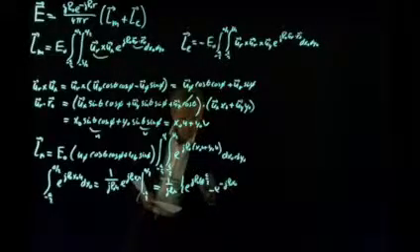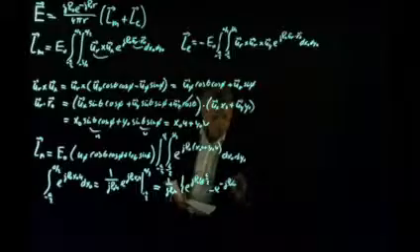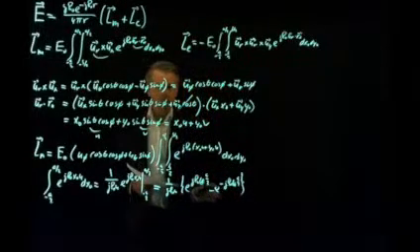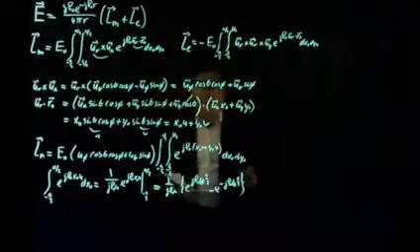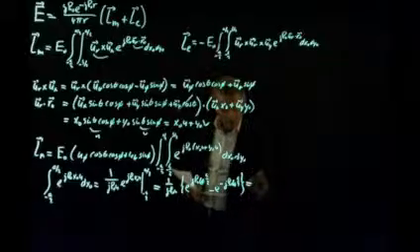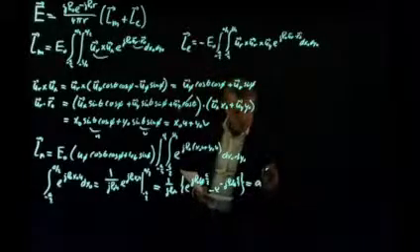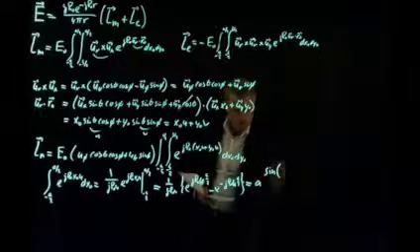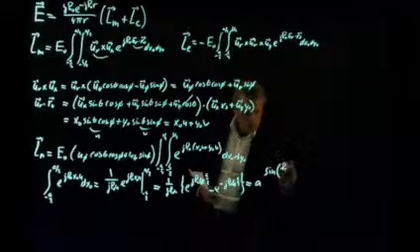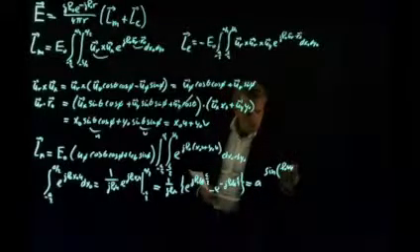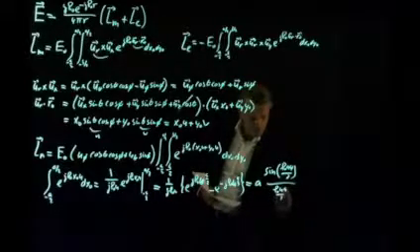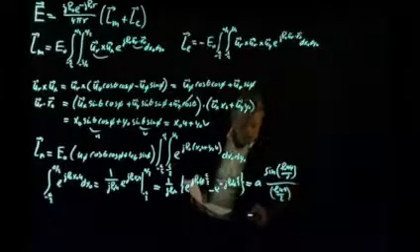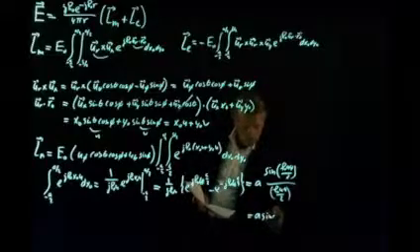Sorry, so this is u, sorry for that, times a over 2. And this is of course equal to 2j times the sine of this argument. And that brings us to this result. So we have a sine over this argument, so k naught a u over 2 divided by k naught u a over 2. And this is equal to a times a sinc function.